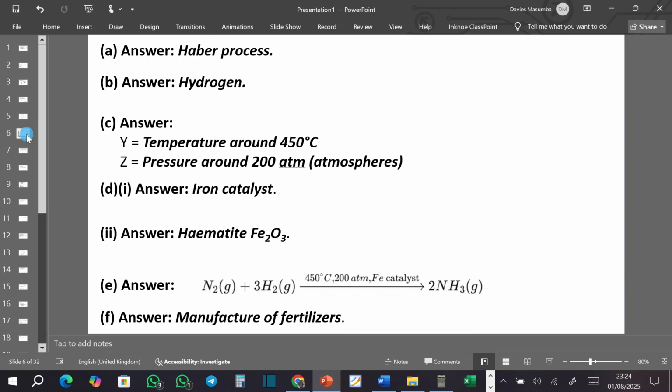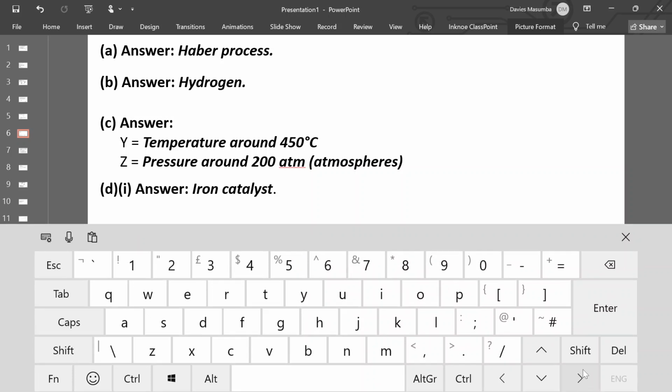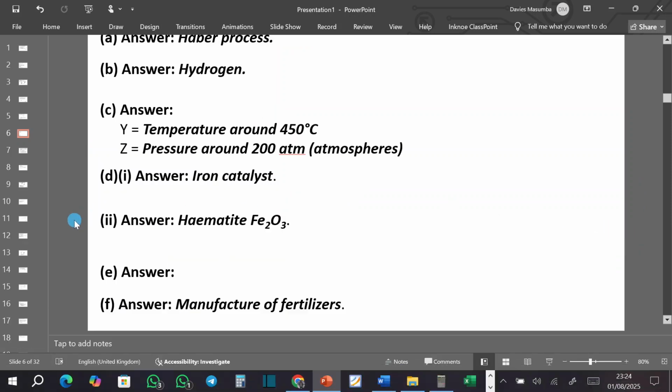So in doing so, it is just nitrogen plus hydrogen. Let me just do this a little bit, so that we begin from zero and I help you to balance, because balancing is very important.